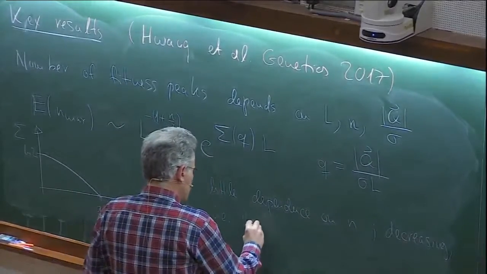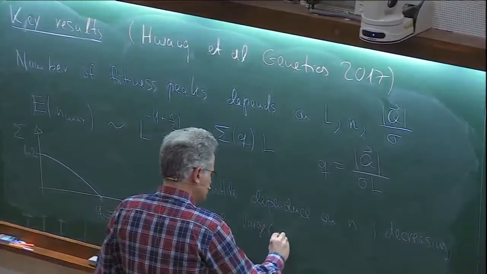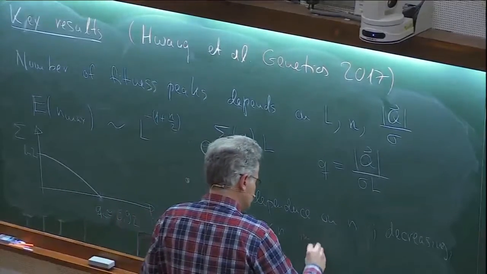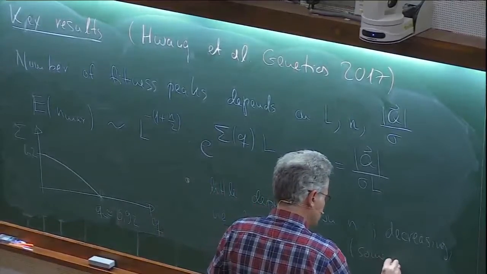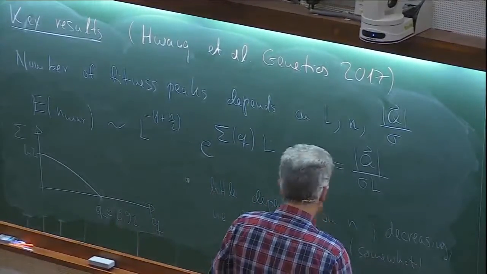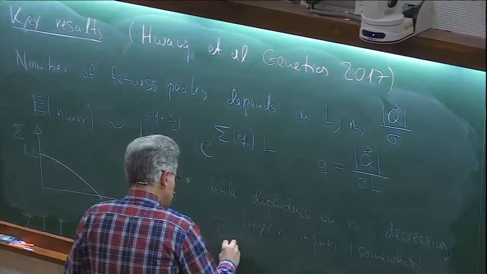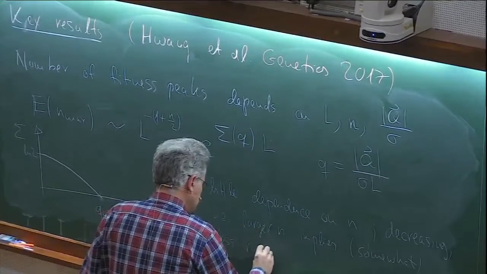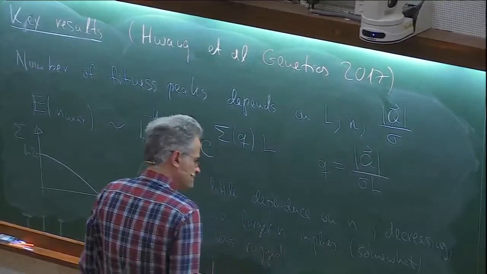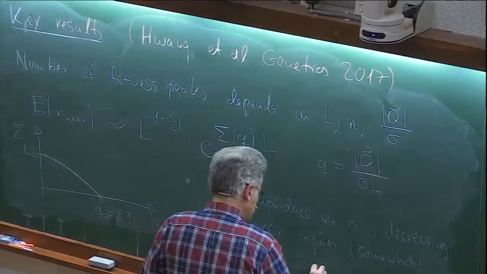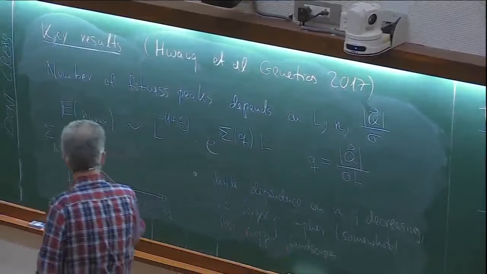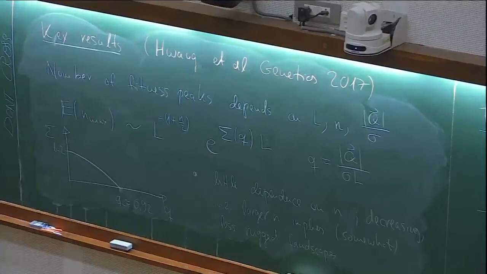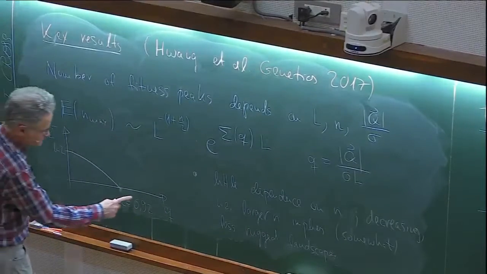That is, larger N implies somewhat less rugged landscapes. But the most important determinant of the ruggedness is the distance to the optimum, so the Q.